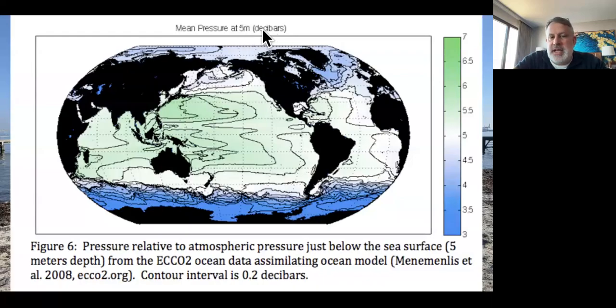So in pressure in decibars, 5 meters would be 5 decibars. So 5 on this means you have the pressure that you'd have minus all of these regional deviations. But this model's run with realistic winds, so there are regional deviations. So where in the world are the high pressure regions here?